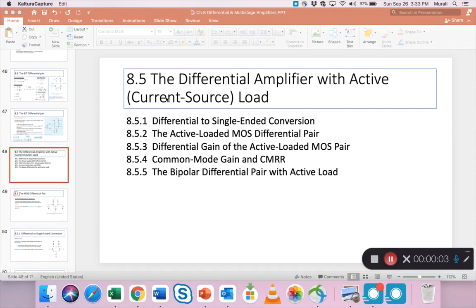Okay, it's time to look at some examples and problems related to section 8.5, the differential amplifier with an active or current source load.